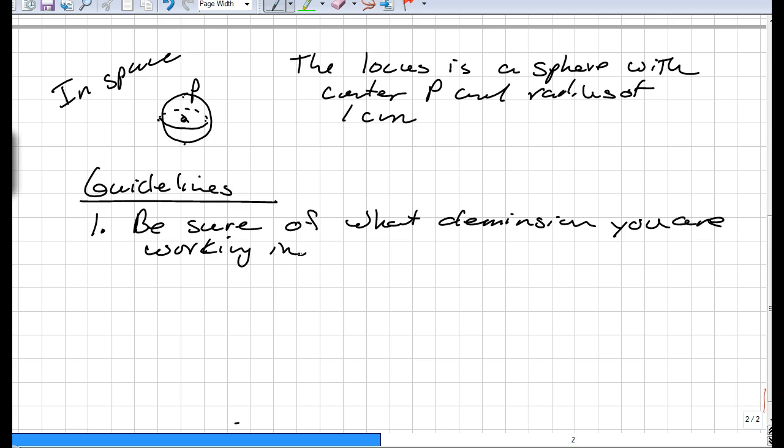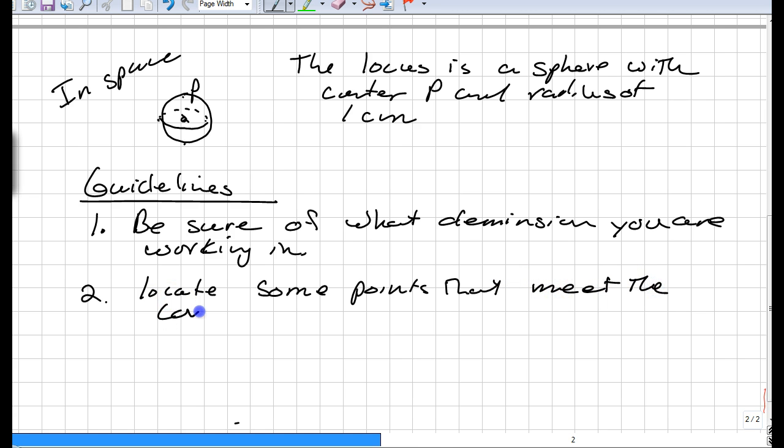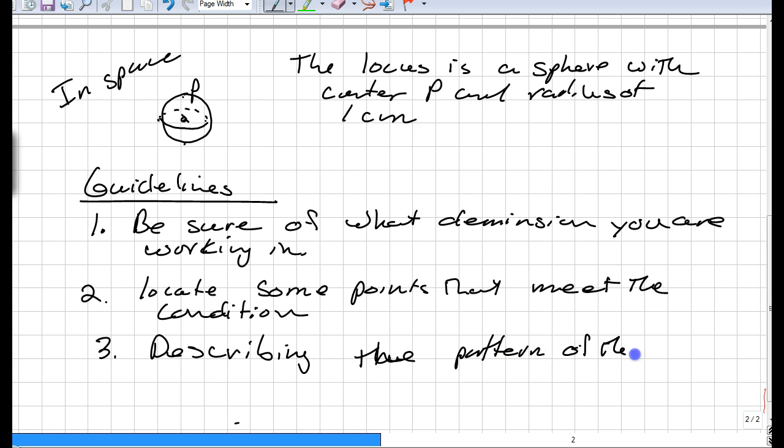If it doesn't say, then you assume space. Number 2, locate at least some points that meet the condition. And number 3, then the actual answer comes from describing the pattern of the points.